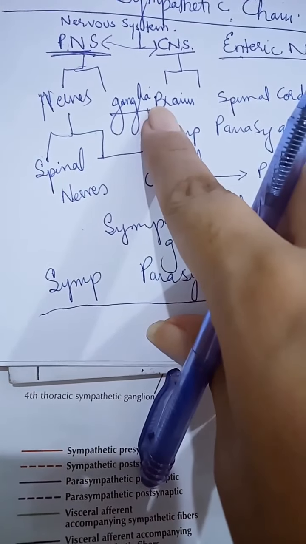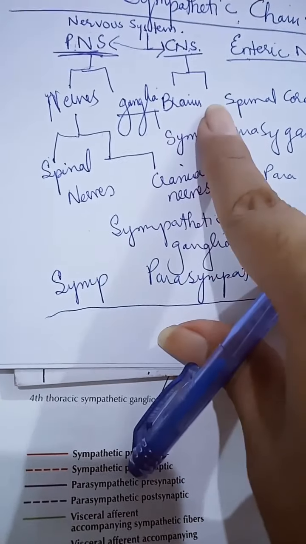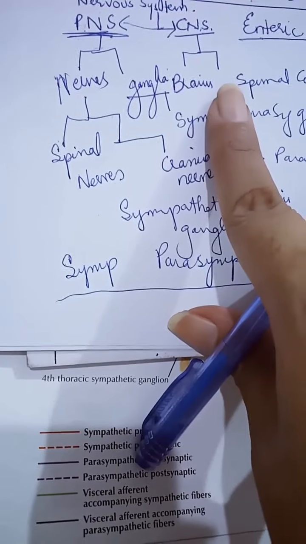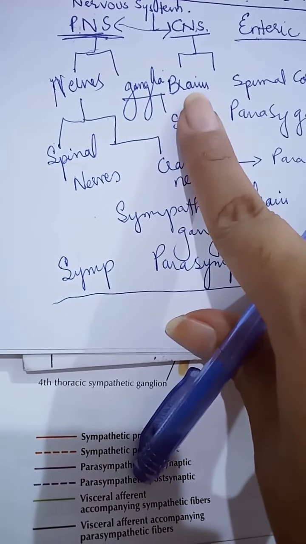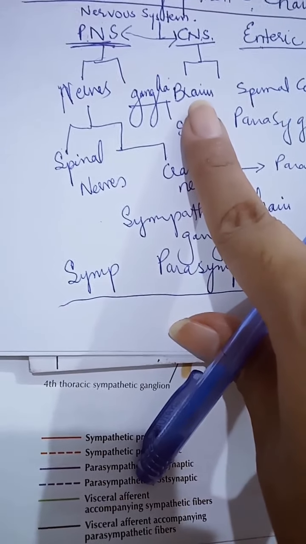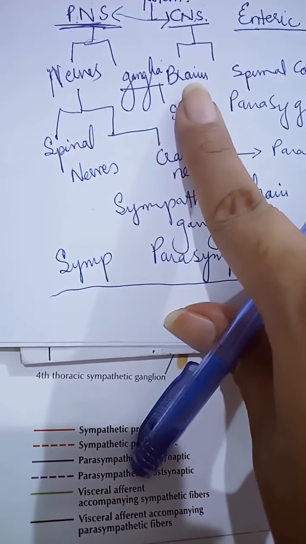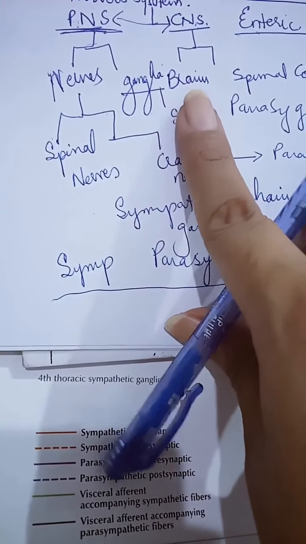Within the brain, we have the hypothalamus that controls the sympathetic and parasympathetic activity of the body. And it's not just the hypothalamus. There are many other structures, and many nuclei within the brain stem, which we are not going into detail of.